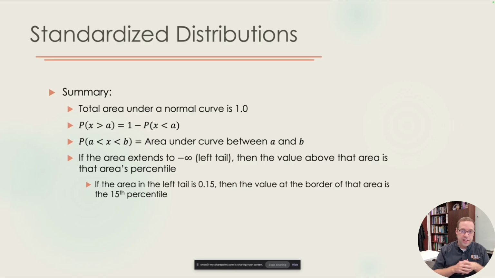Take the complement. And then how do you find the probability of being between A and B? It's just the area under the curve between A and B. But we take the total area of 1 and subtract off the left tail, subtract off the right tail.